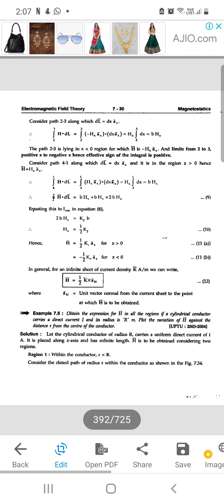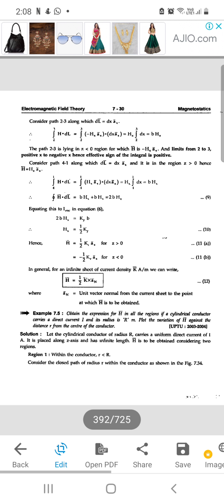Now we'll consider our final path, that is the path from 4 to 1, along which you can see dl is equal to dx ax. And it is in the region z greater than 0. So when z is greater than 0, what is our answer? H is equal to minus Hx ax. So here also, like in the earlier case of path 2 to 3, you have a positive sign, where our final line integral of H dot dl from 4 to 1 will be b into Hx.